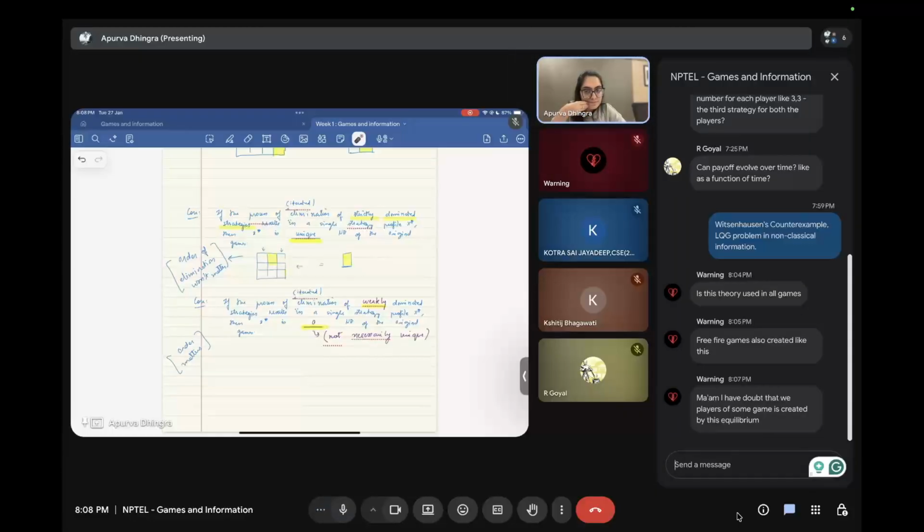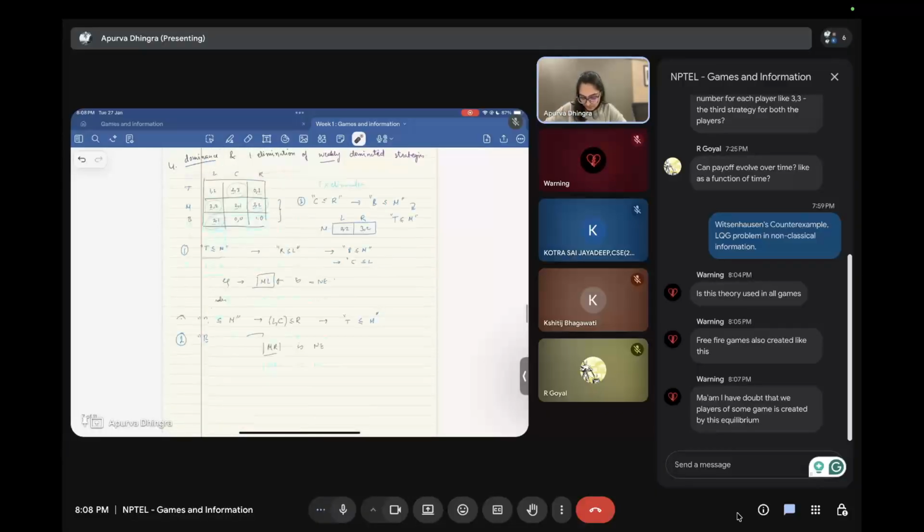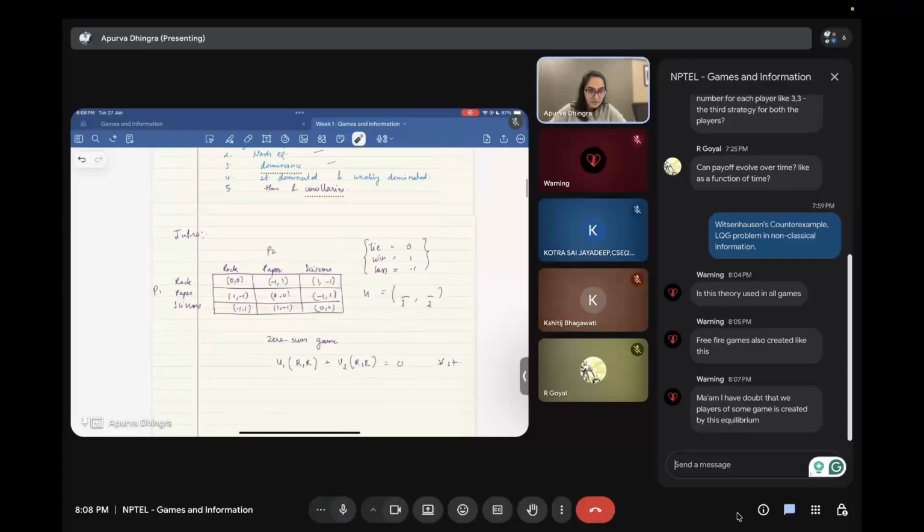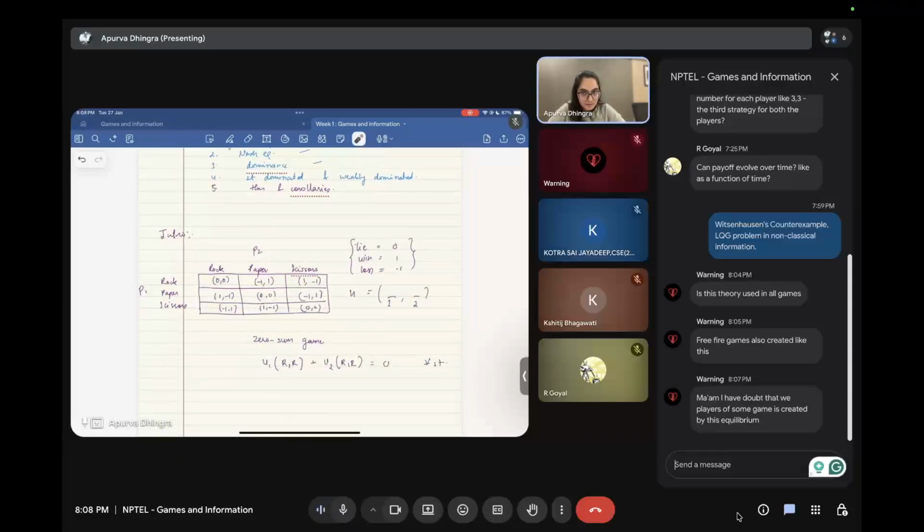The closest it comes to games is things of this kind: games like chess, or rock paper scissors, or poker or cards or something of that sort. It's not saying the equilibria is created. It's just saying that there is an equilibria in the game if we could model the game in this particular format. That's all.